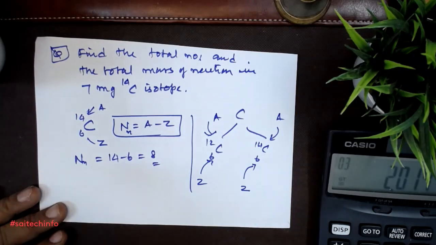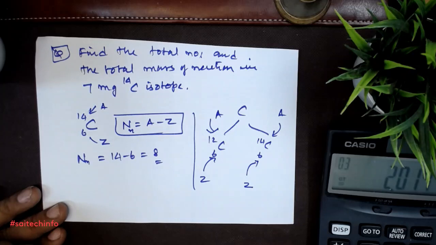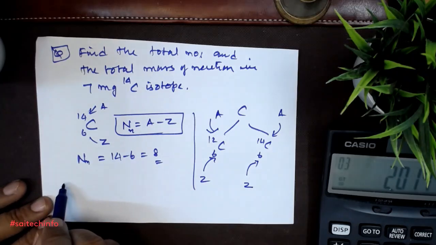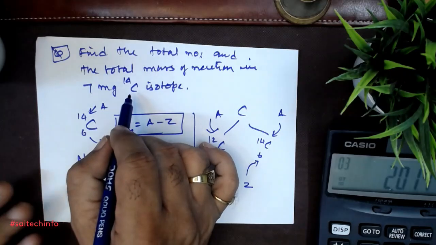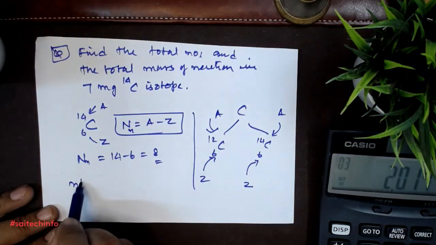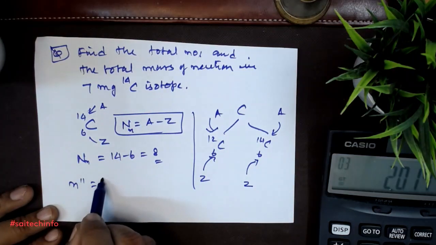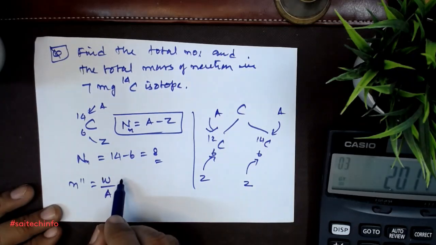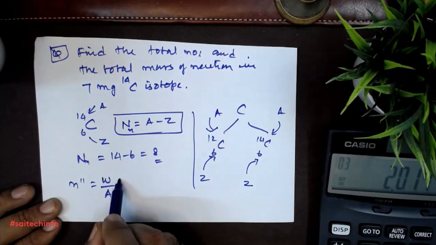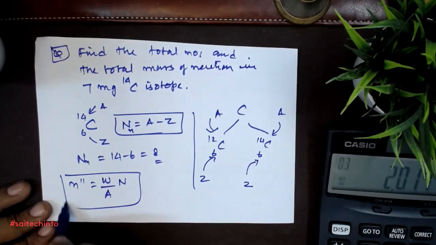Right, now we have to account for this 7 milligram. We have to find the number of atoms, so n double dash is equal to weight by atomic weight into Avogadro's number. This is the equation you have to follow.